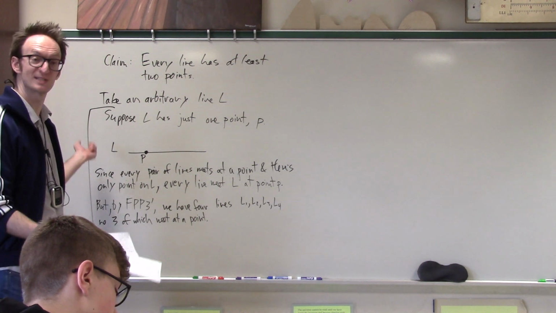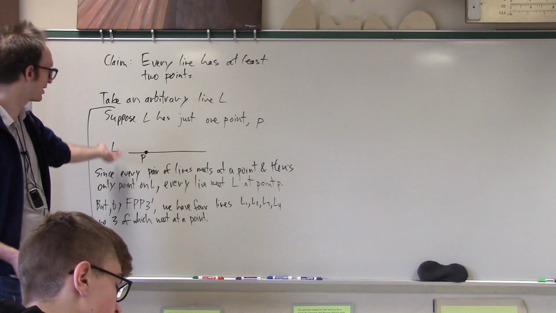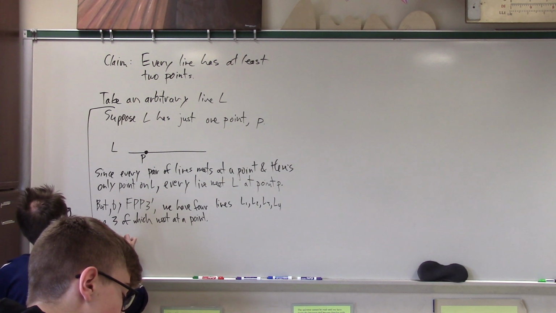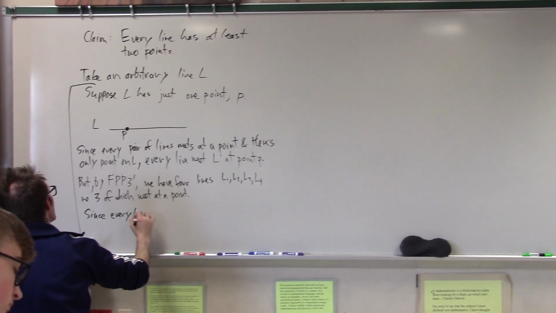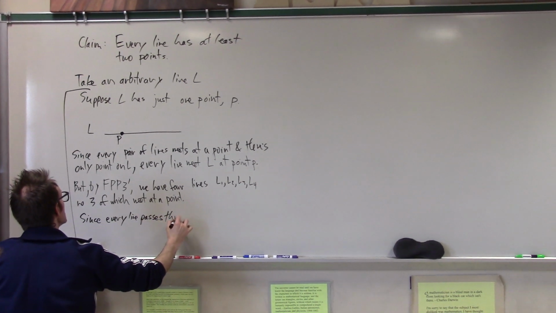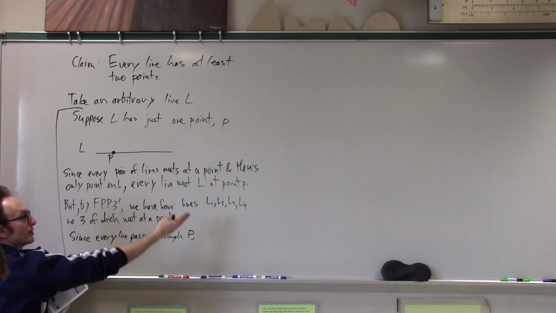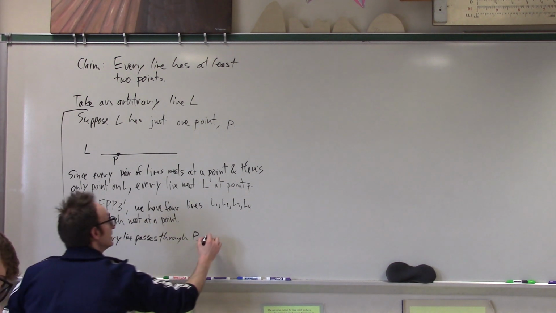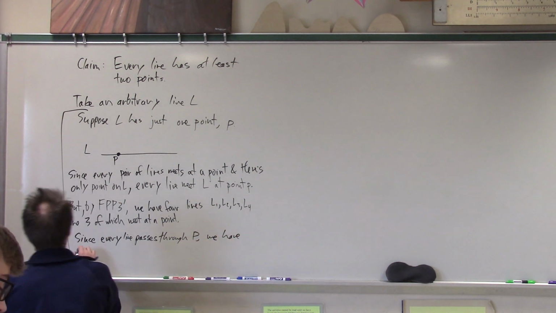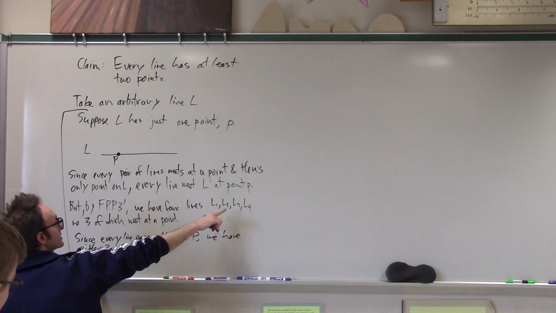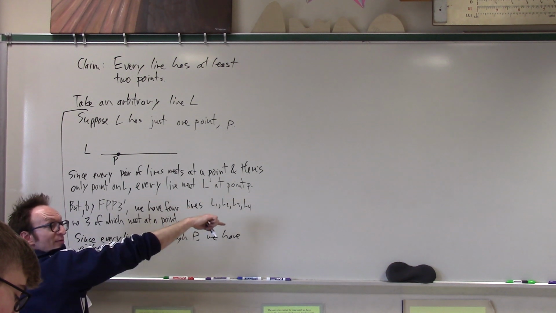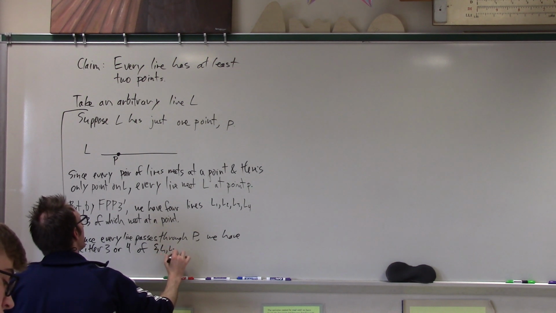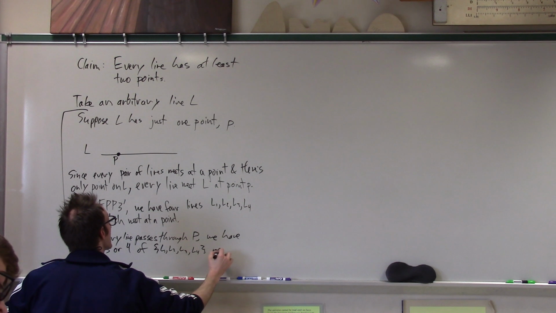The other 3 each intersect L, and they can only intersect L at L's only point, which is P. So either way, since every line passes through P, we have either 3 of those lines meeting at P if L is one of them, or 4 of L1, L2, L3, and L4 meeting at P if L is not one of them.